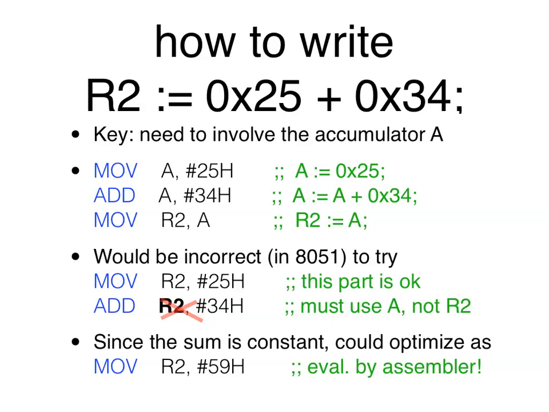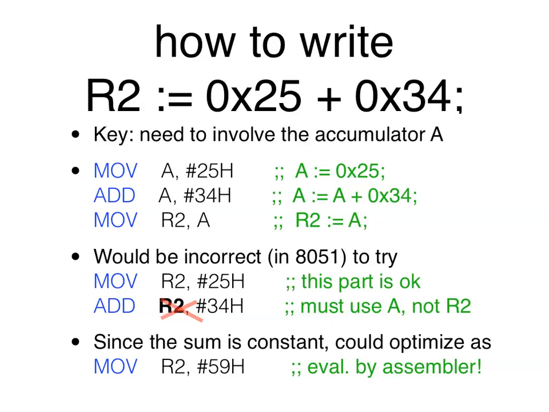So that means A gets 25 plus 34, because 25 is already in A. So when I do add A comma 34 hex, that's A gets 25 plus 34. And then to put it into R2, I need to do a move from A to R2. That's the way 8051 requires you to do it.